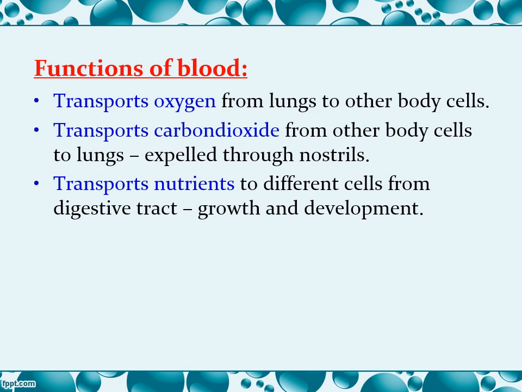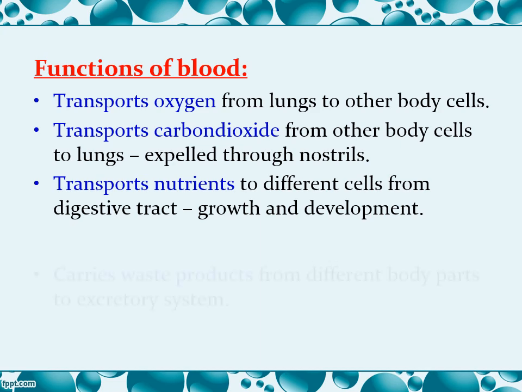Those smaller particles are called nutrients, and these nutrients are carbohydrates, proteins and fats. And those nutrients have to be transported to the different cells of the body. For what is it transported? It is transported for the growth and the development of the cell.